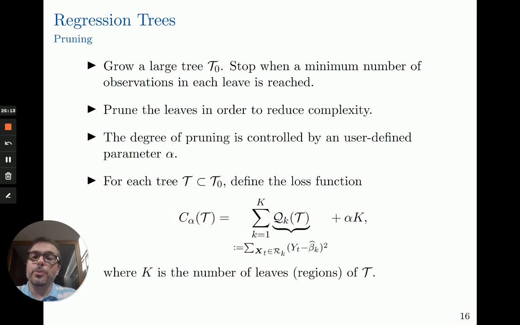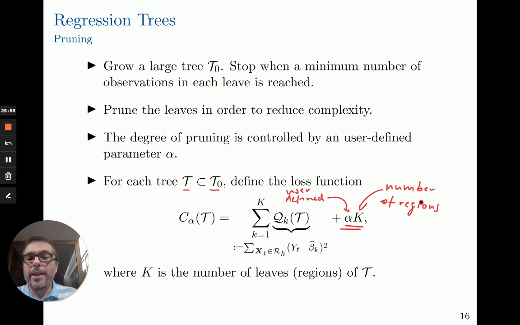Basically, we define a tree that is nested in T naught, and we define a loss function that is the sum of squared errors plus a penalty term. The penalty term is the number of regions, and alpha is user-defined.